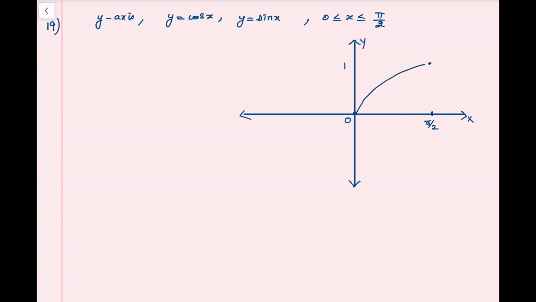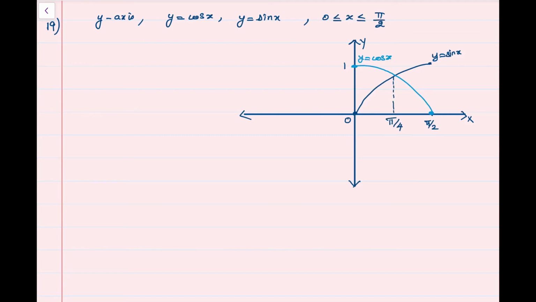This is sine curve. Cos 0 is 1 and cos 90 is 0. This is cos curve. And they intersect at pi by 4.